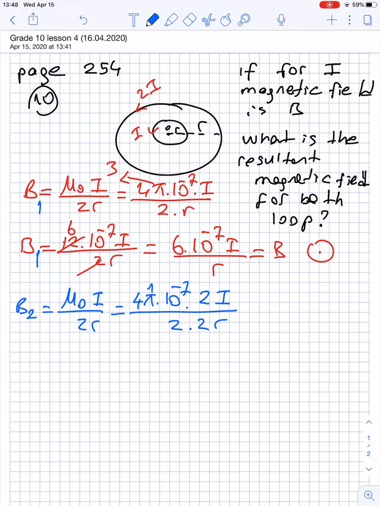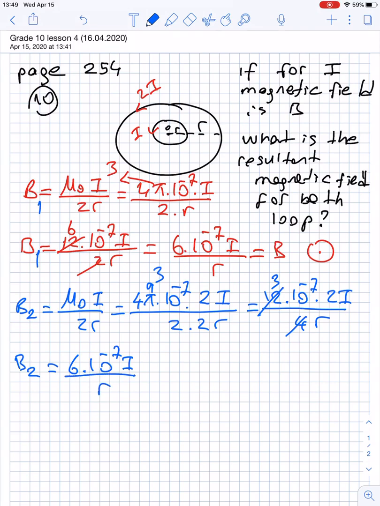Okay, if I write 3 instead of pi, my result is 12 times 10 to the minus 7 multiplying 2I over 4R. Okay, 12 and 4 simplify and just 3 stays. After calculating, B2 is equal to 6 times 10 to the power minus 7 I over R.